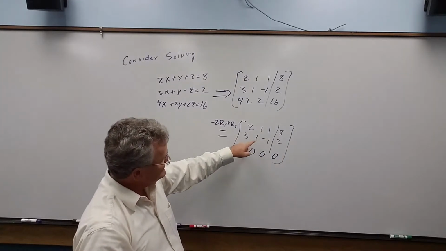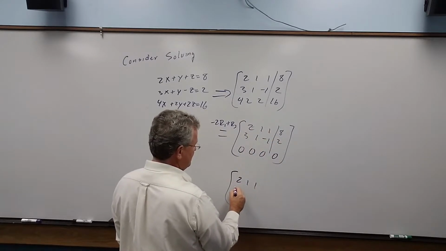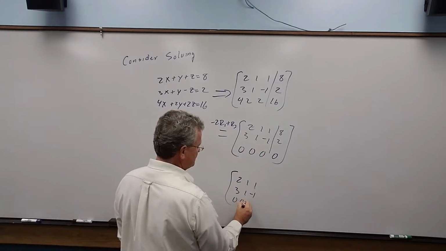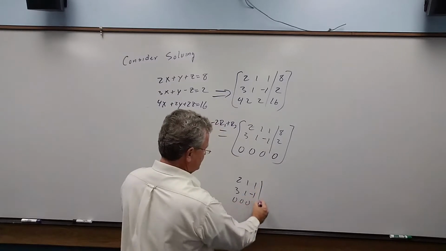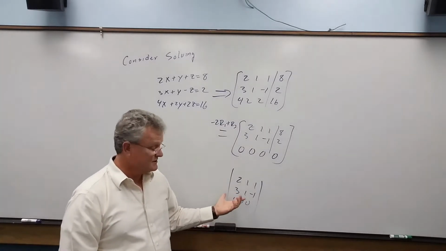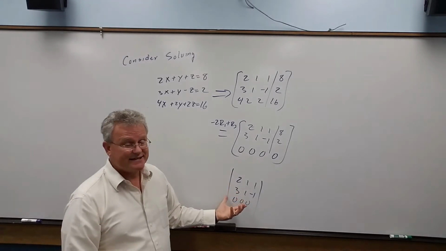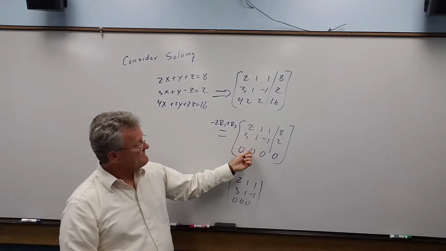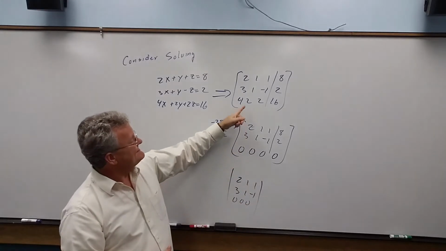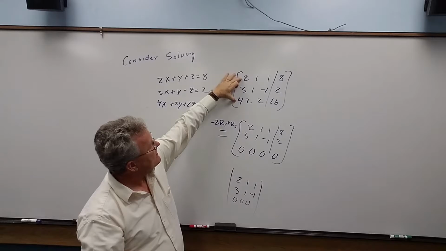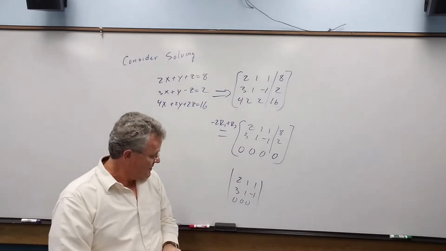So notice when I calculate the determinant of this right here, 2, 1, 1, 3, 1, negative 1, 0, 0, 0, whoops, the determinant of the coefficient matrix, we're going to get 0 because of these zeros down here. Again, what is that telling us? It's telling us that the system either has an infinite amount of solutions or no solution. In this case, because these two are the same equation, there's an infinite amount of solutions.